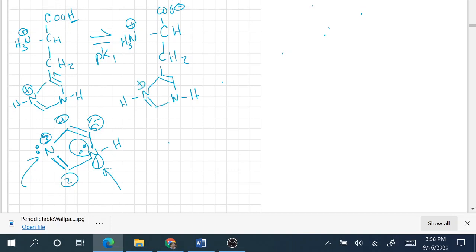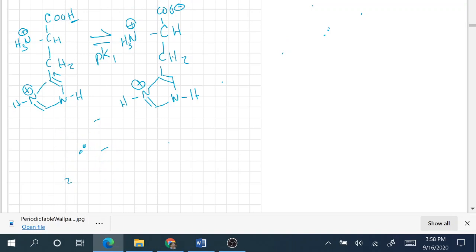Okay, so what charges do we have? Over here on the left, we've got 0 on the carboxylic acid group, +1 here on the alpha amine, and +1 in the ring.